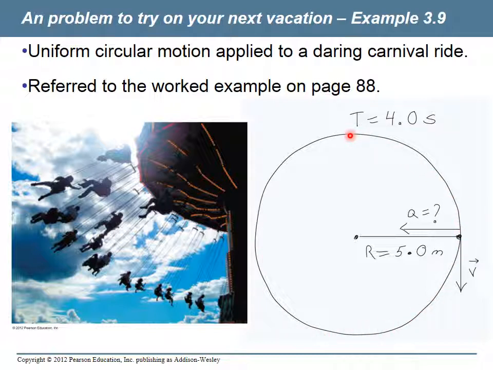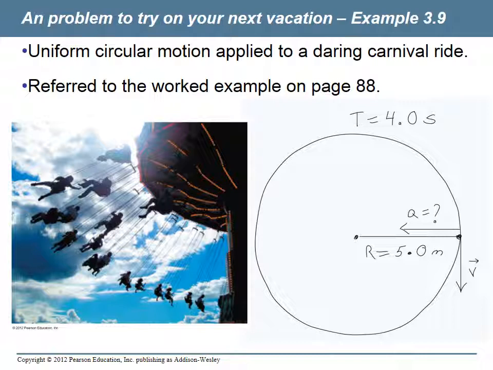Every 4 seconds it makes one revolution. So I can get the velocity by knowing the time it takes to go around, because I already know the distance it goes, which is just the circumference of the circle. The circumference is 2 pi r. R is 5, so the circumference is 10 pi.